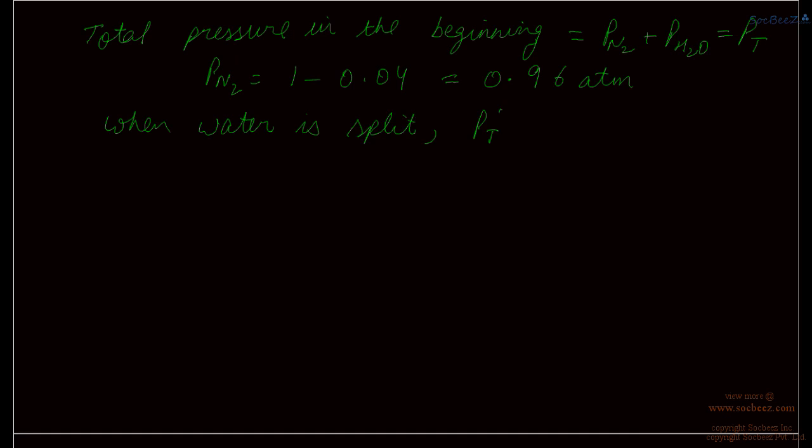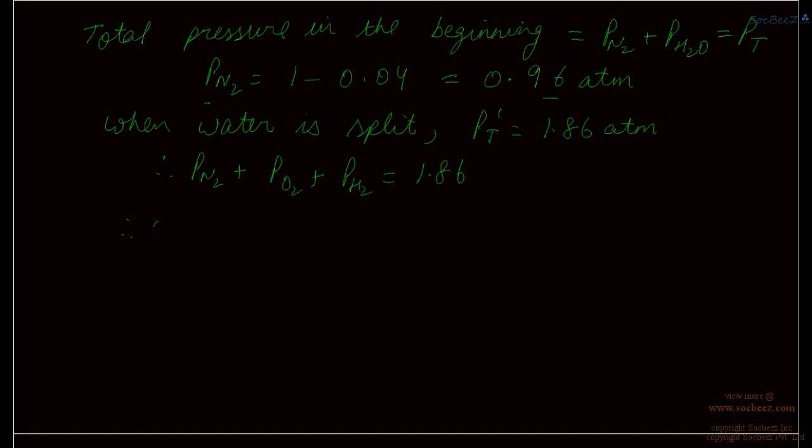Okay. Now when water is split into H2 and O2, the total pressure P dash equals 1.86 atm. And therefore pressure by N2 plus pressure by O2 plus pressure by H2 after the splitting of water is 1.86. Now pressure exerted by N2 is 0.96.